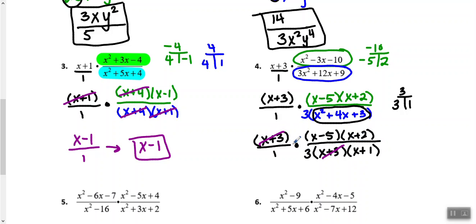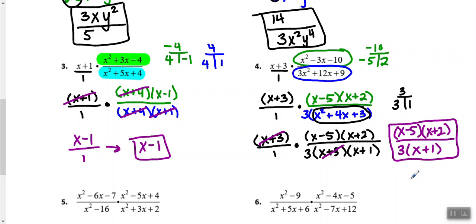So my x plus 3's cancel, and that's it. So I am left with, on the top, x minus 5 and x plus 2 over, I don't need to write this 1, but I do need to write the 3 and then my x plus 1. And you can leave it in this form. You don't need to multiply everything else back out.